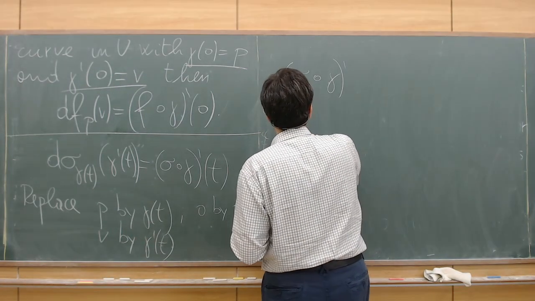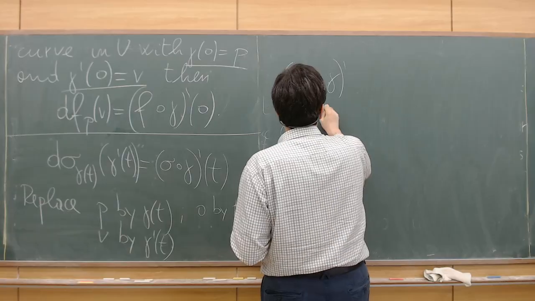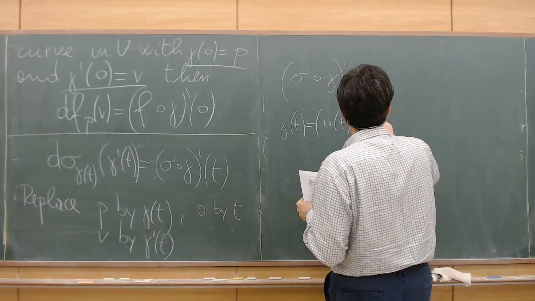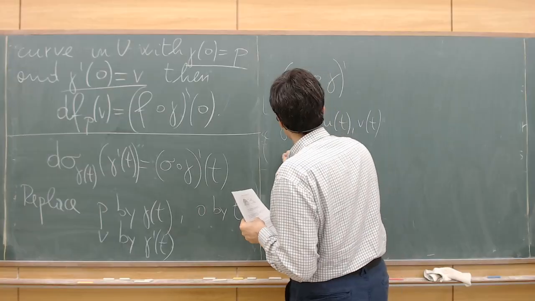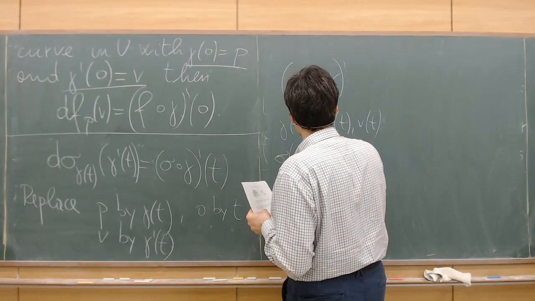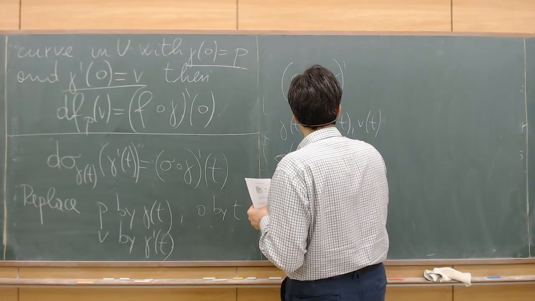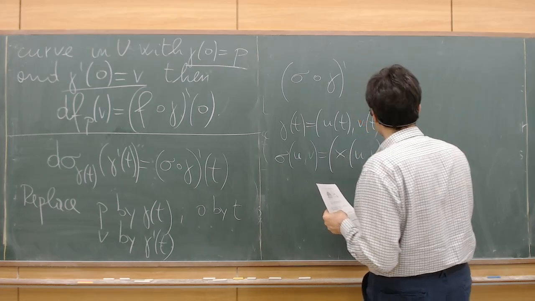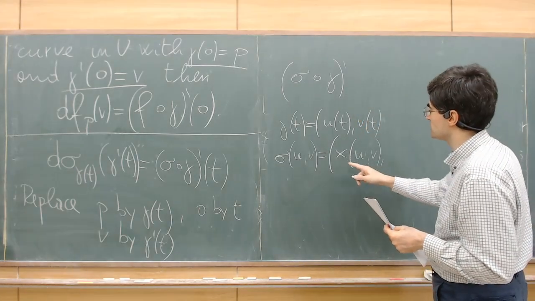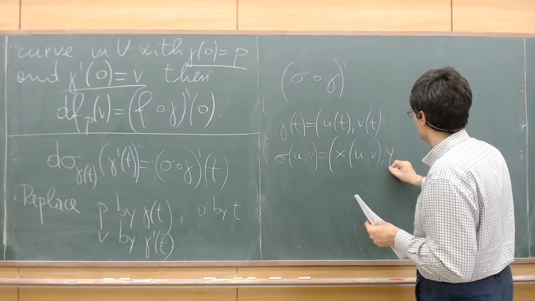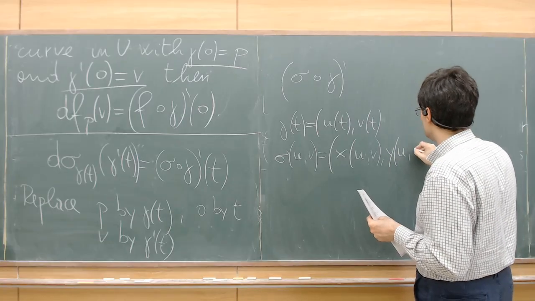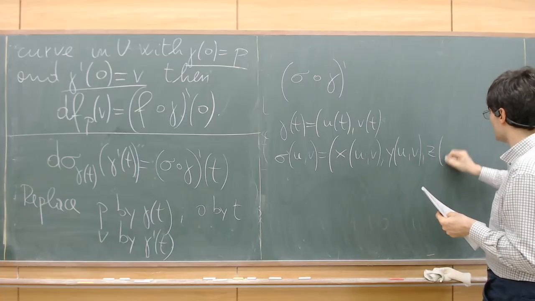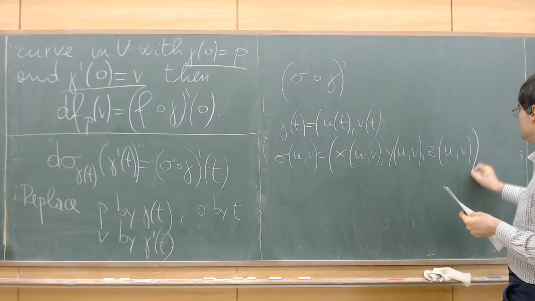Remember that gamma(t) was (u(t), v(t)) and sigma(u,v) was a function whose components were x(u,v), y(u,v), z(u,v).